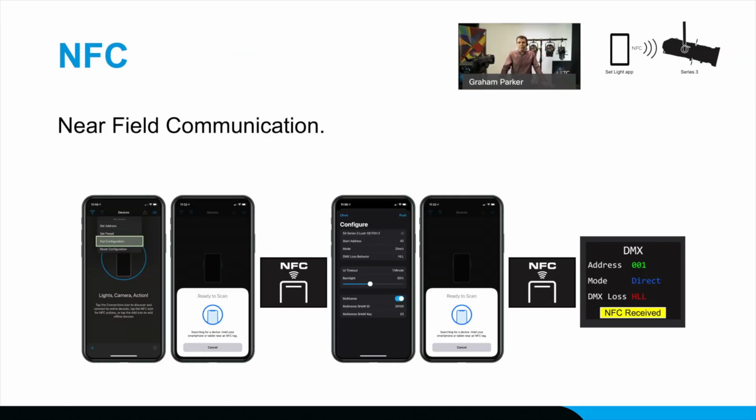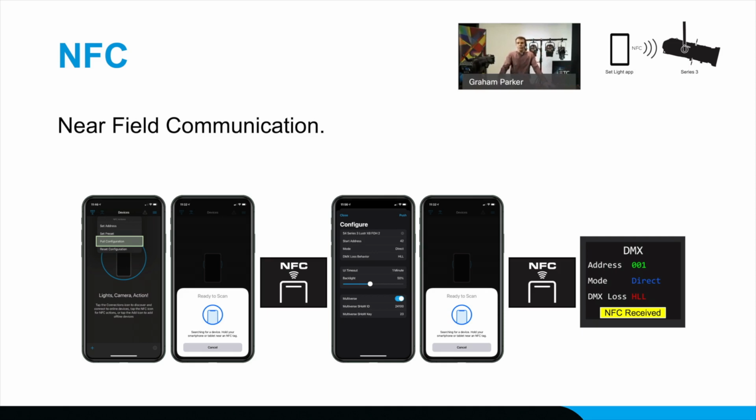So NFC, or near field communication, if you're not aware of what that is, if you've been and paid for something with your phone, that is near field communication. So Apple Pay and such like use that technology. So it's just a case of tapping onto the device, and that's the technology that we're using in here. So you'll see on the back of many of our fixtures now, there's a little black square which says NFC in the middle of it.